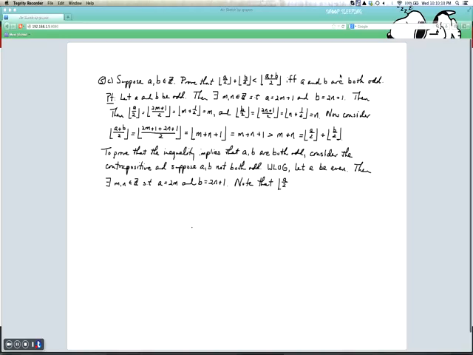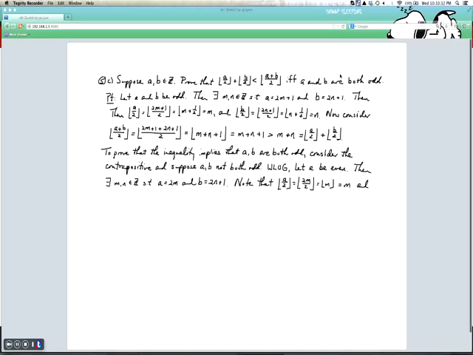Note that, and I want to go through and just get this out of the way, if I take the floor of A over 2 now, that's the floor of 2m over 2, which is just the floor of m, which is m.